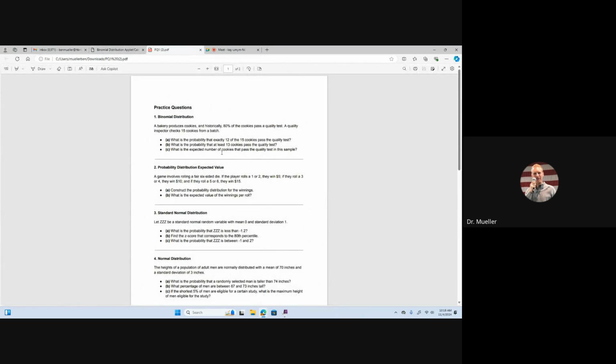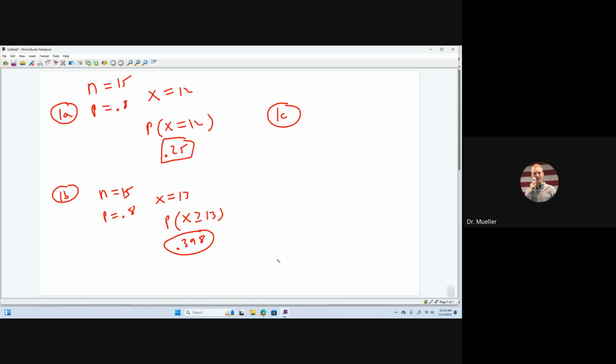What is the expected number of cookies that pass the quality test in this sample? A bakery produces cookies, 80% of the cookies pass the quality test, and a quality inspector checks 15 cookies from the batch. Okay, so that's just asking us for the average, right? So 1C is just asking us for the average, which we should write with the mu symbol, which is just n times p.